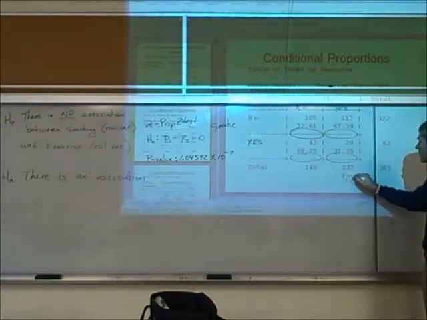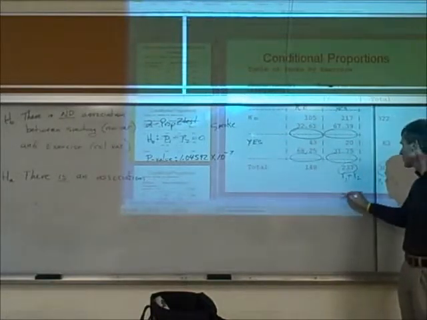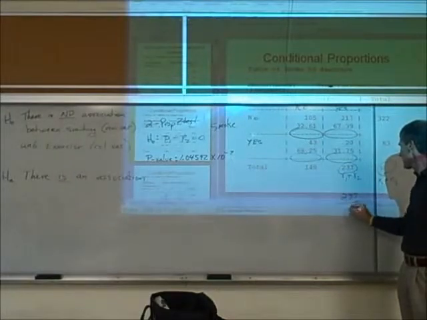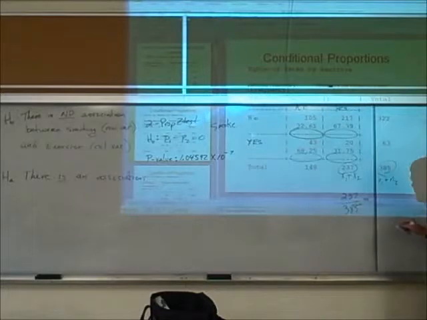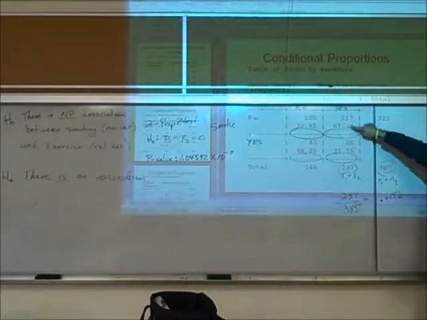This is x1 plus x2. This is n1 plus n2. So if you take 237 and divide by 385, what proportion do you get? 61.56%. 0.6156 as a proportion. Okay, that's what proportion I want you to make both of those.